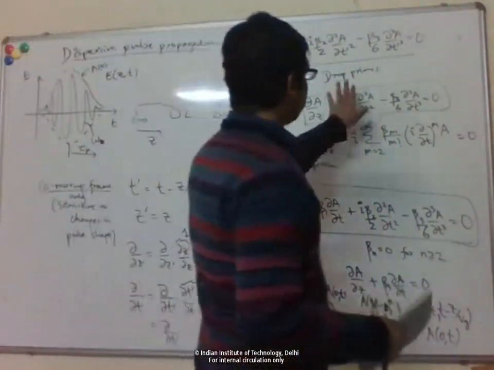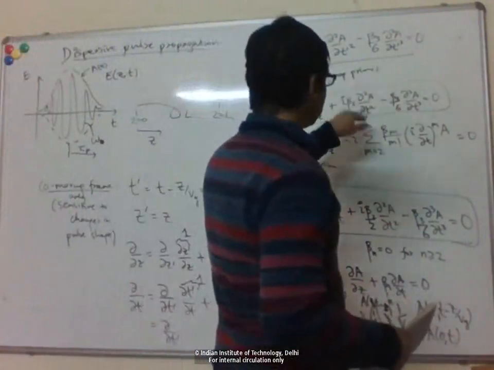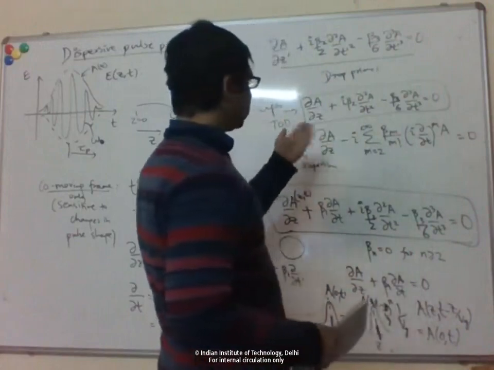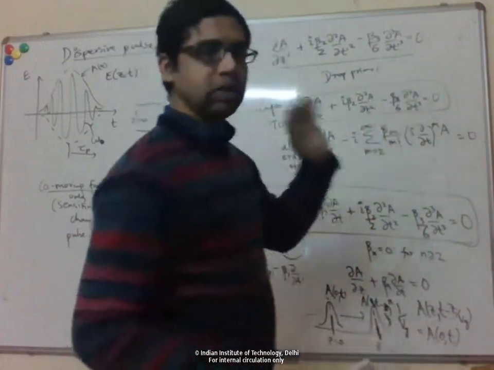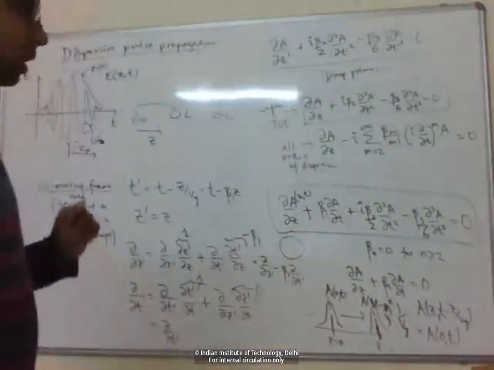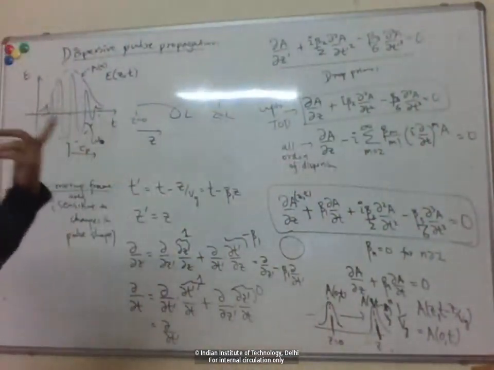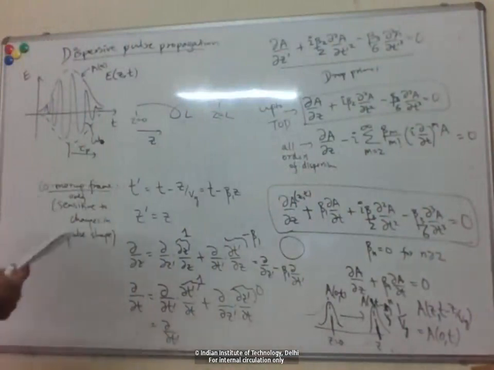So if these coefficients are 0, if beta 2, beta 3, beta 4 are all 0, then A does not change. You can see del A by del Z is just 0, which means A of Z is independent of Z. So the pulse just moves without any change.